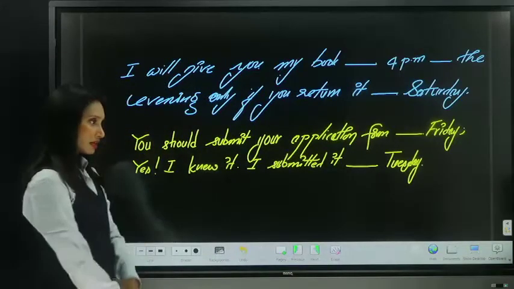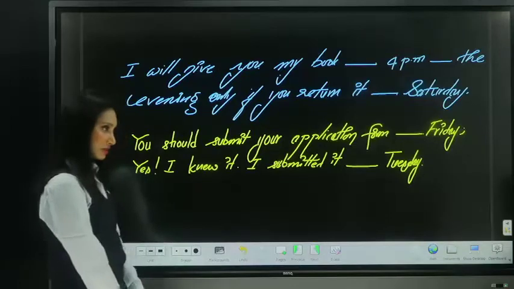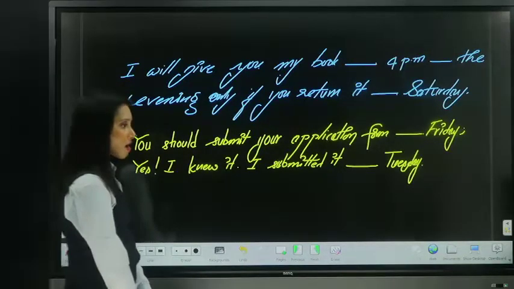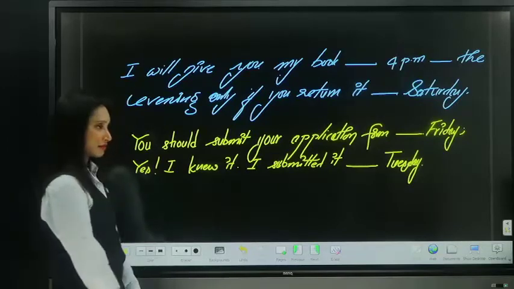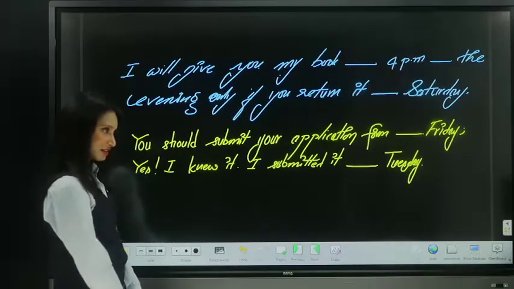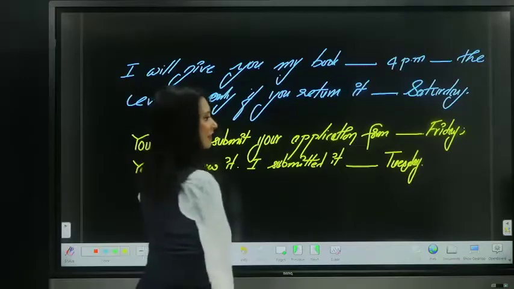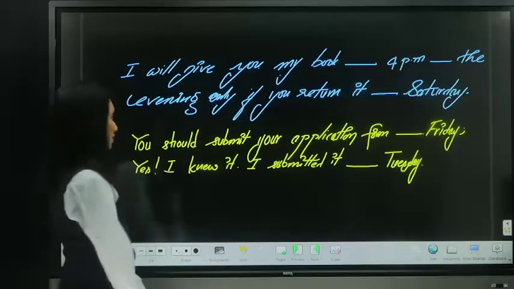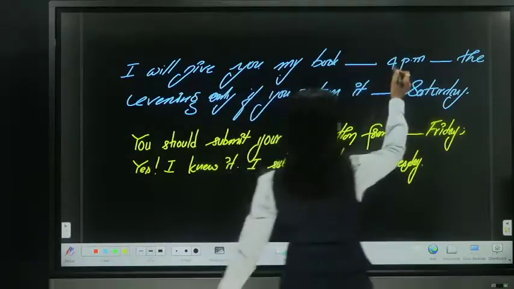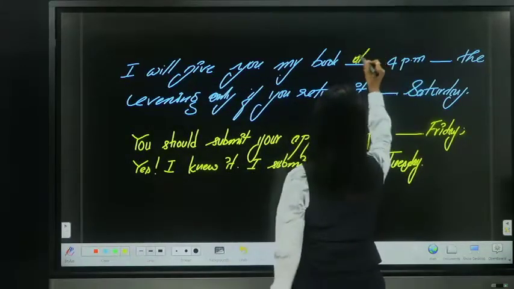So Swapna, Akash and Sunny, okay. Akash said on, in, on. Swapna said by, in, on. Sunny said at, in, by. So Sunny is correct.